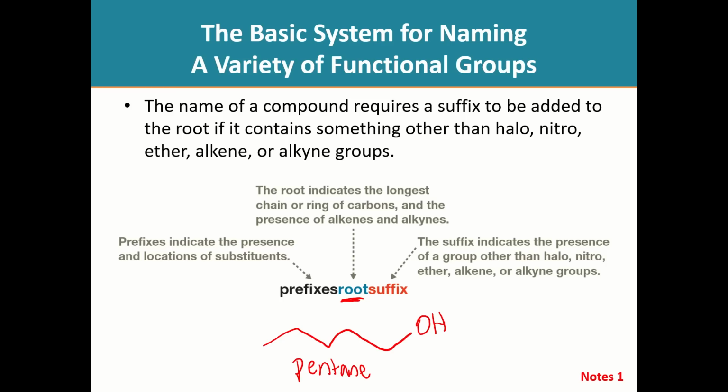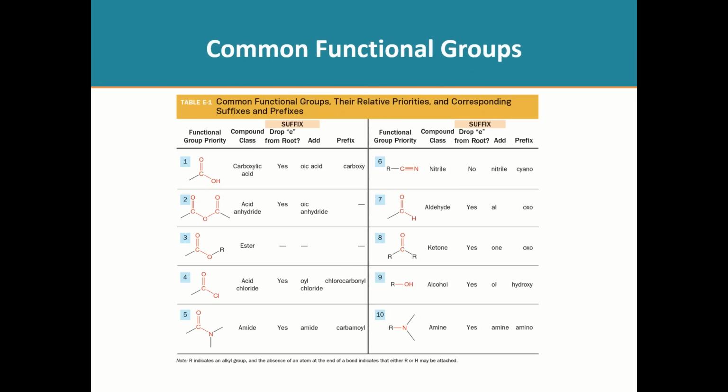Now we have to add a suffix to that root in order to tell us that we have an alcohol. So if we go here to this table, we find the functional group that we're interested in, which is an alcohol, and we look in this column labeled the suffix. There's something called a prefix, which we'll get to in a moment, but we look for the suffix and it will tell us to add this name to the root.